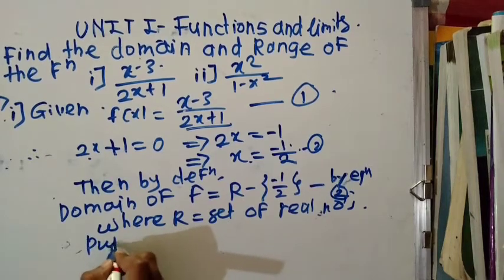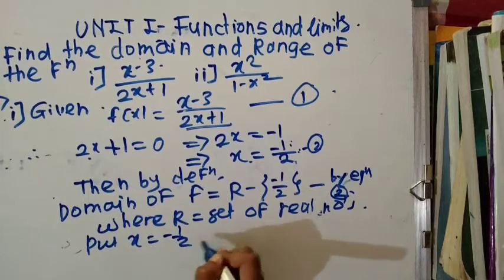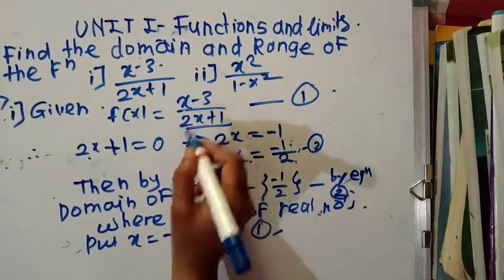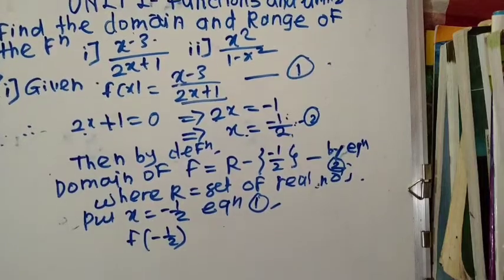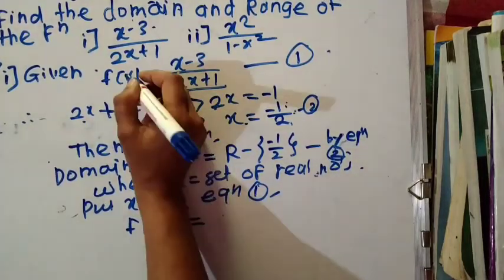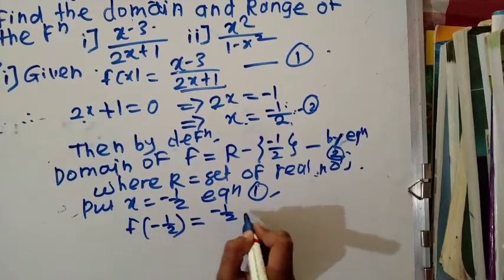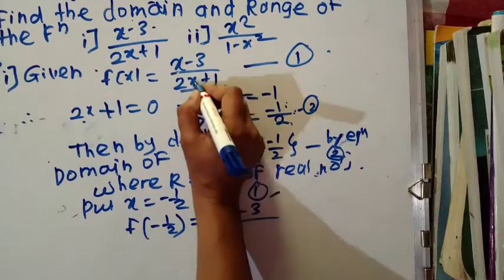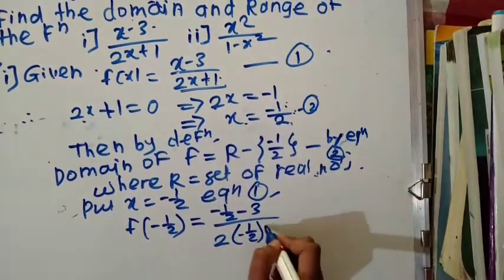Then put x is equal to minus 1 by 2 in equation 1. Then f of minus 1 by 2 is equal to x replaced by minus 1 by 2, minus 3 upon 2 into x, which is minus 1 by 2, plus 1.